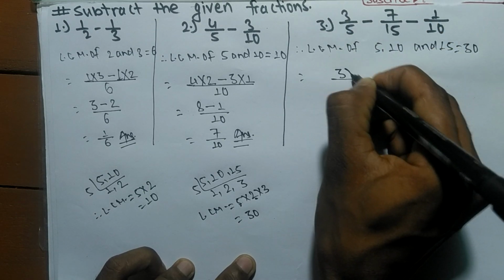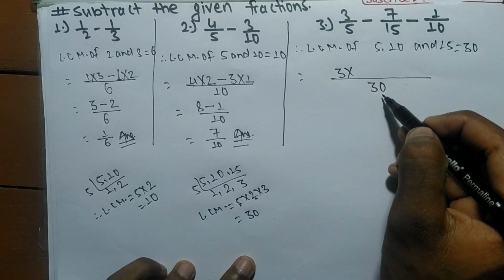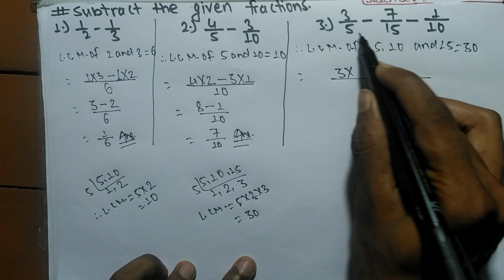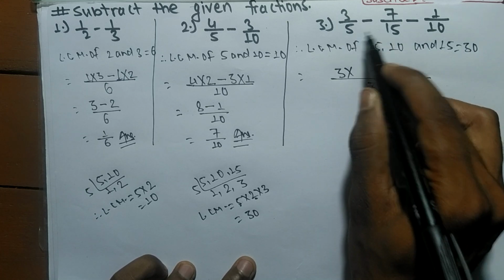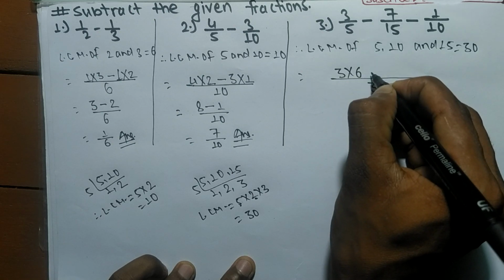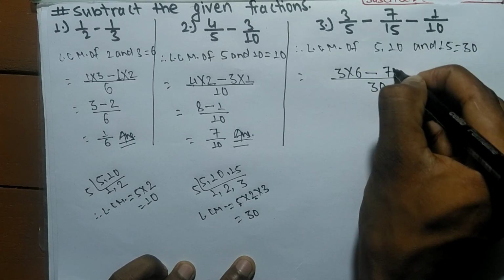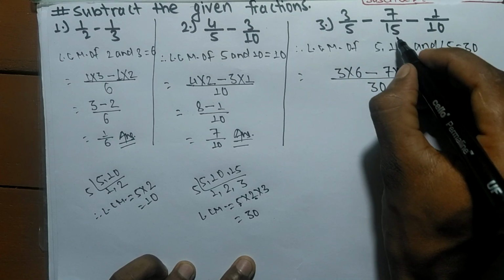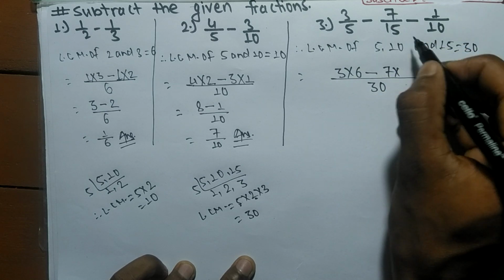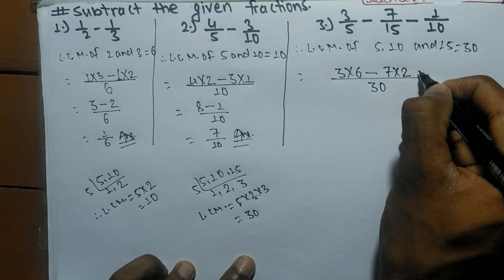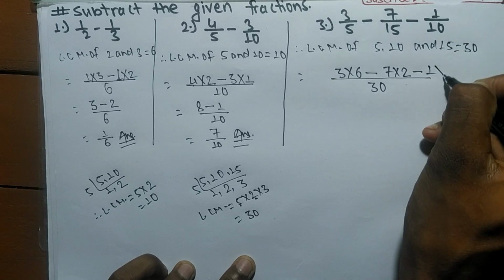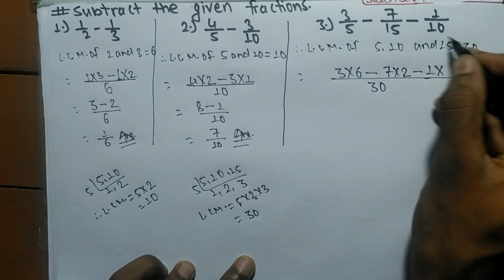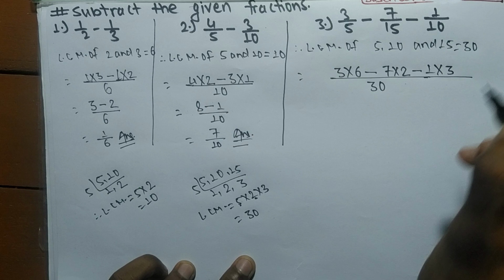So 3 into LCM divided by denominator: 30 divided by 5 means 6, minus 7 into LCM divided by denominator 15: 30 divided by 15 means 2, minus 1 into 30 divided by 10 means 3.